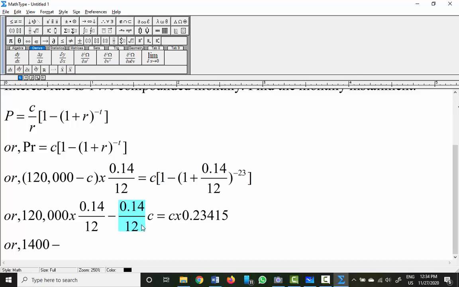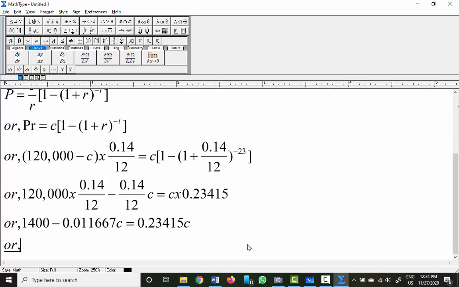So 0.14 divided by 12, this one we will get is 0.016667 C, and we have C with this one, so we will get this one multiplied by C.